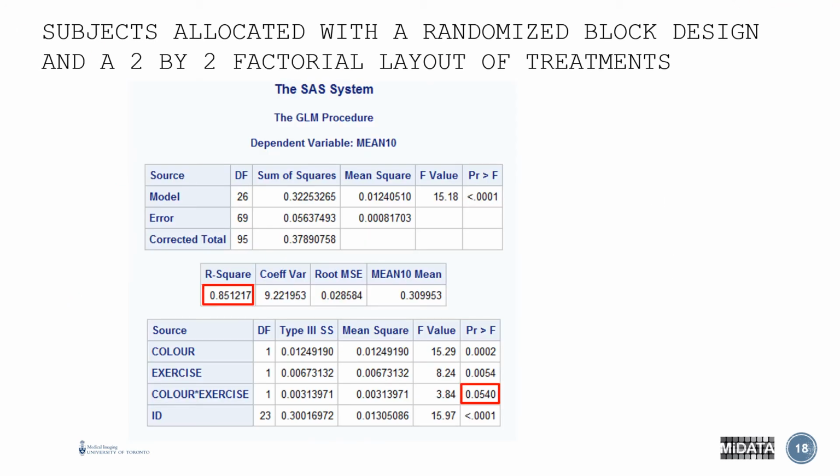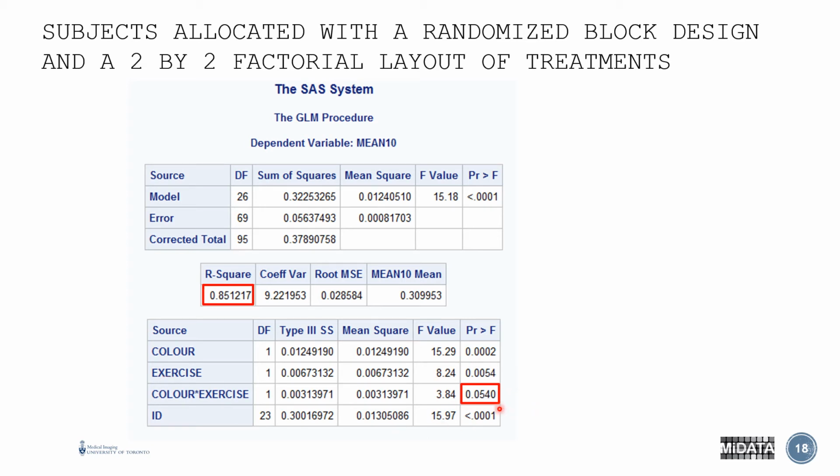Okay, when we have a look at the output for this final analysis, we see once again the R-square, fantastic, 85%. The mean hasn't changed, of course. The model probability is still significant. Of course, nothing's changed there. But what's interesting here to look at is the interaction term between color and exercise. If you remember, last time we did it, it was not significant.